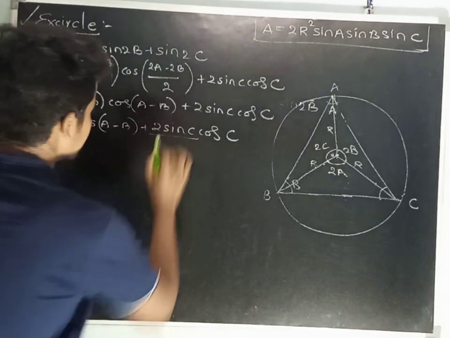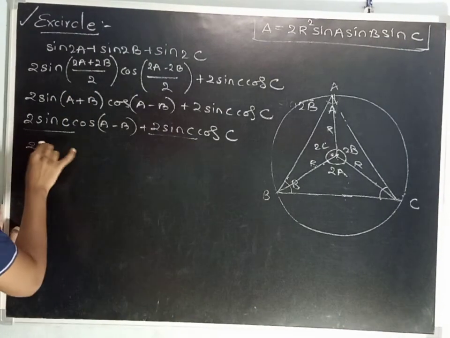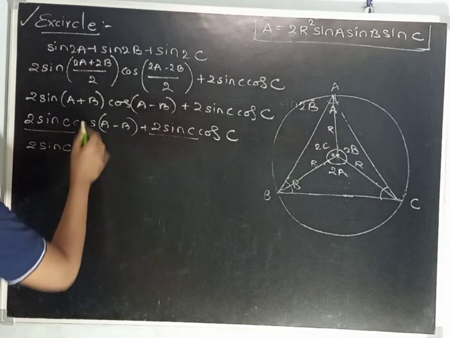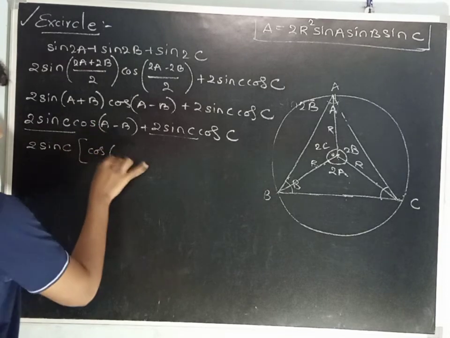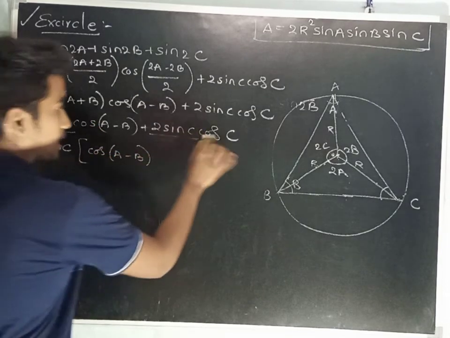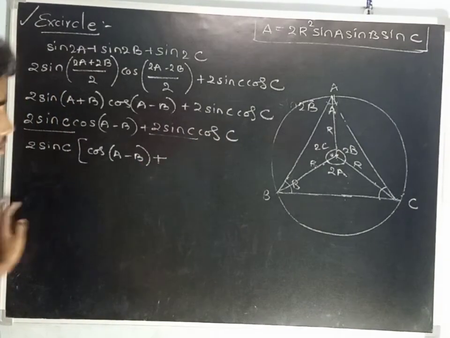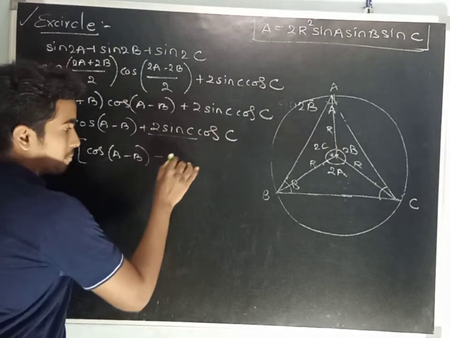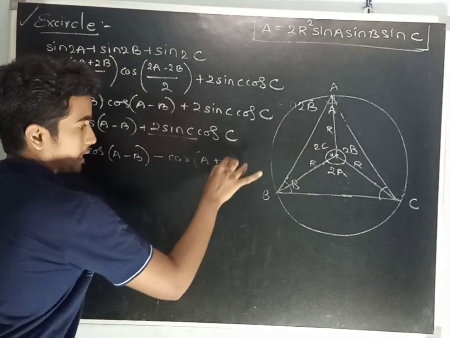Let me take 2 sine C as common: 2 sine C into cos of (A minus B) plus cos C. Cos C can be written as minus cos (A plus B).